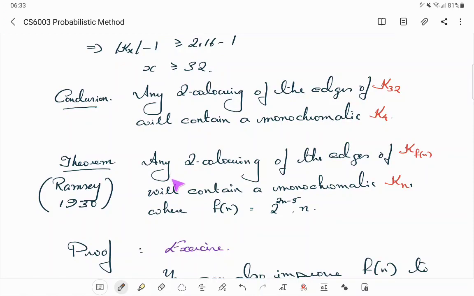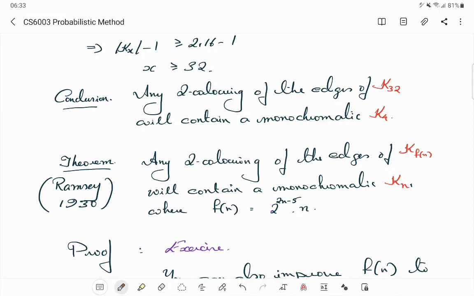So he essentially showed the kind of proof that we saw there, and then showed that any 2 coloring of the edges of K_f(n) will contain a monochromatic K_n, where this f(n) is something like, if you extend this proof, and that is your job, you have to do that as an exercise. Maybe we will discuss it in the tutorial, but I assume you will come to the tutorial after having shown this.